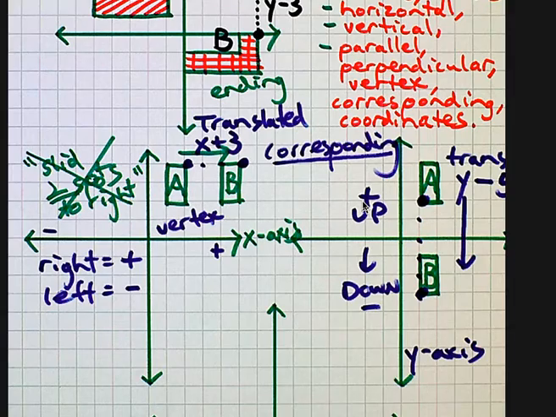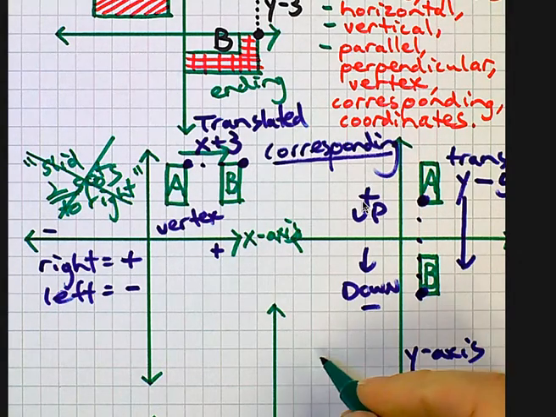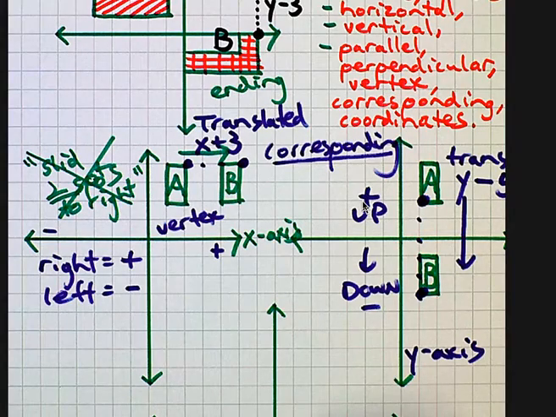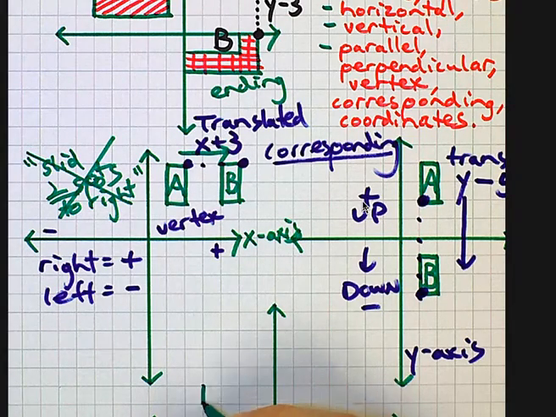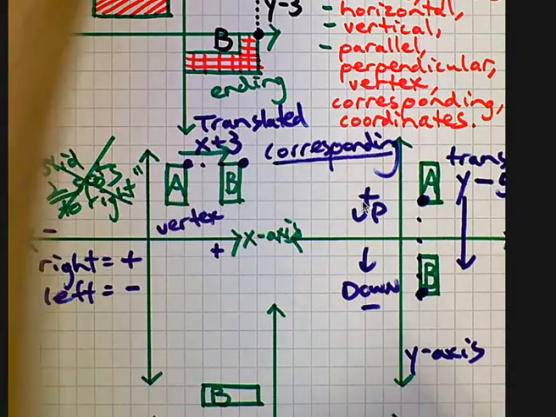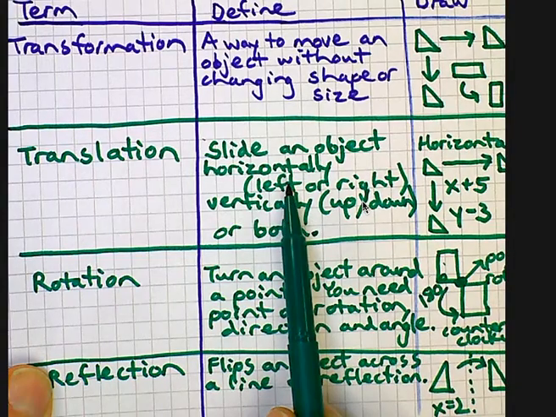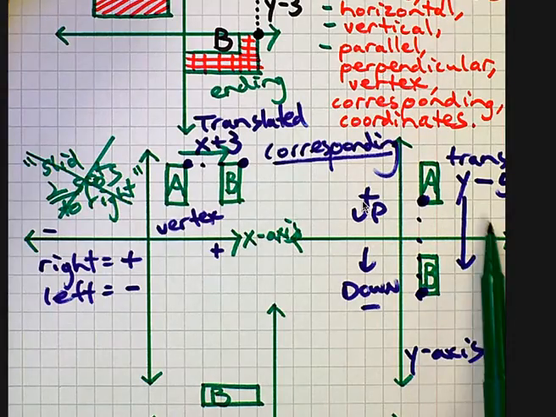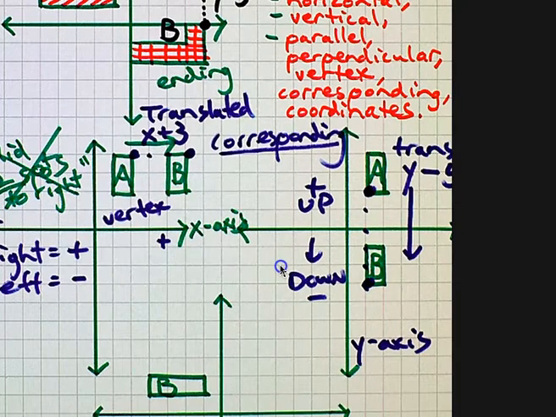Now let's do one where we do both types of movement. Let's see, I'm going to go here. Watch out, I'm making a bigger one this time. So in our first example, we did horizontal movement. In our second example, which I need to drag over here. Whoa, whoa, hold on.